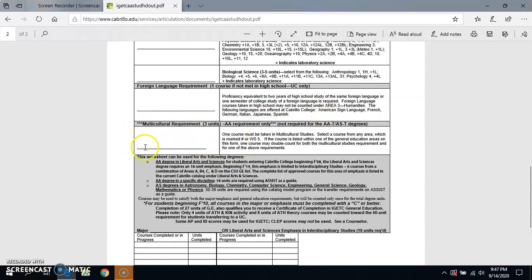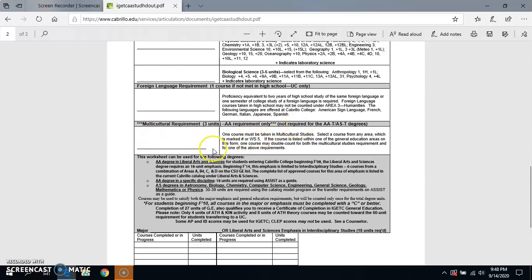The multicultural requirement is something that Cabrillo requires for any AA or AS degree. Now, keep in mind, if your desire is to earn an AAT, Associate of Arts Transfer, or AST, Associate of Science Transfer, you are not required to take a multicultural course.